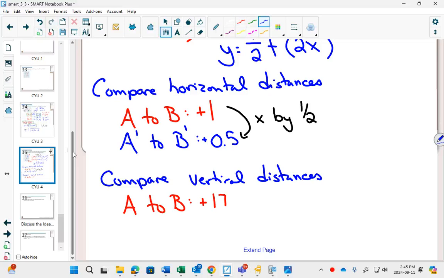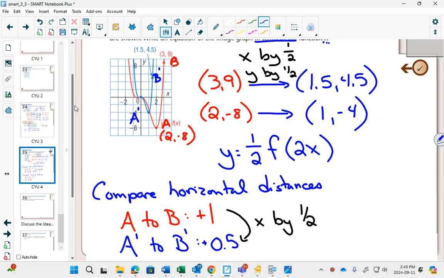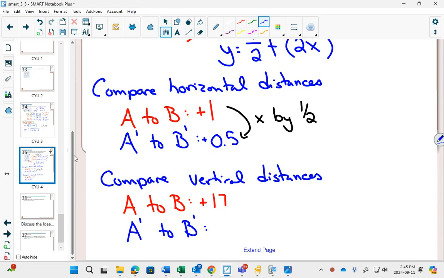And when we compare A prime to B prime, A prime is at -4 all the way up to 4.5. That's up 8.5. And again, to go from 17 to 8.5 is y by 1/2. So can you see why the first method in this situation is nicer?